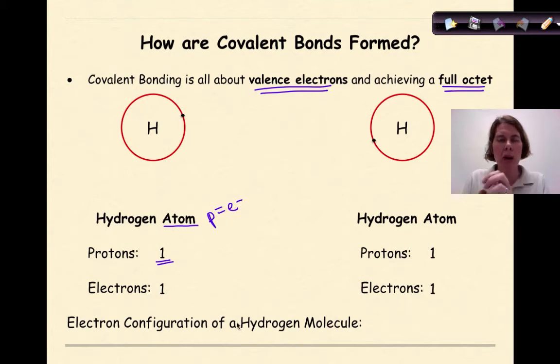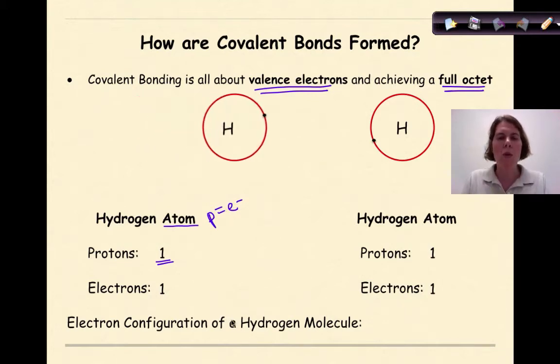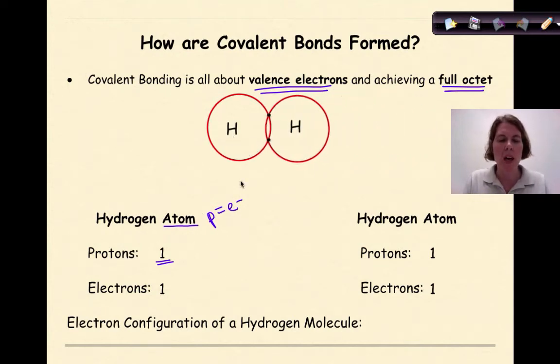When these two atoms come together, we're going to have this hydrogen atom approach this hydrogen atom, and we're going to have this overlap that we see right here. This overlap is where we have our covalent bond, because we know the maximum number of electrons in that first shell is 2.